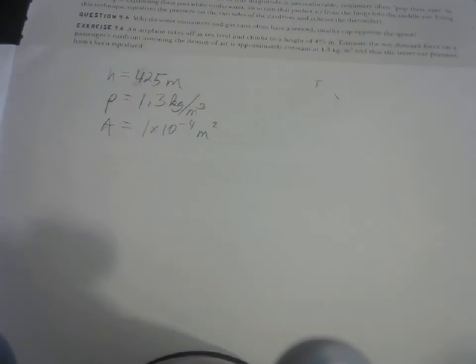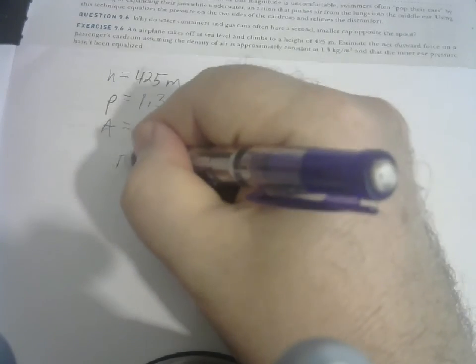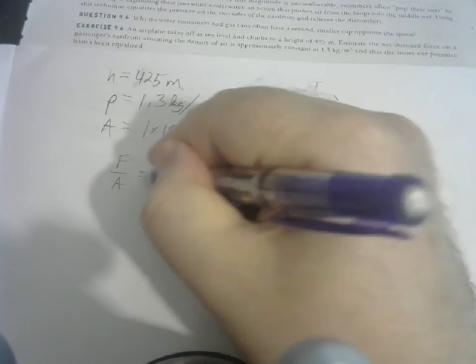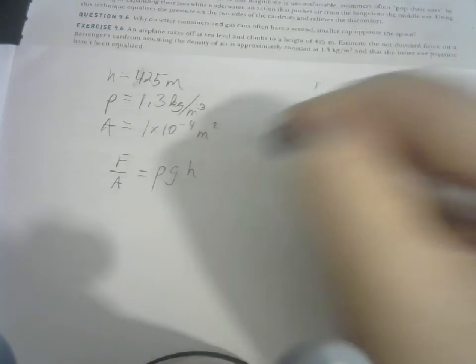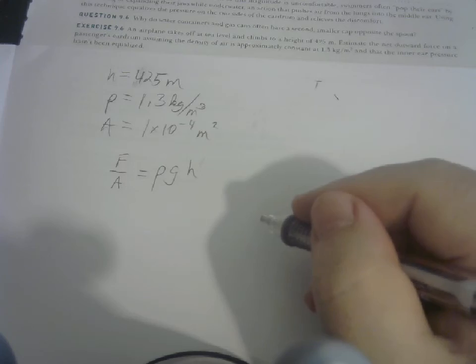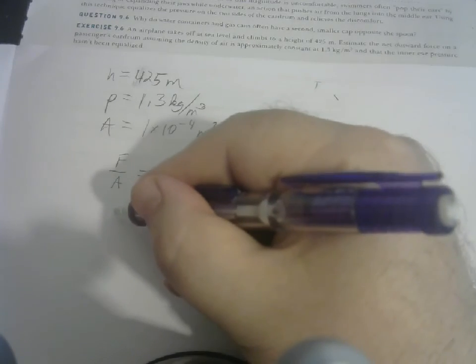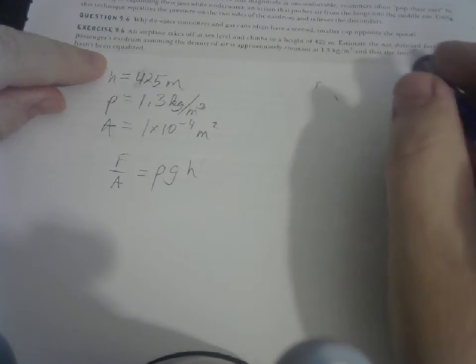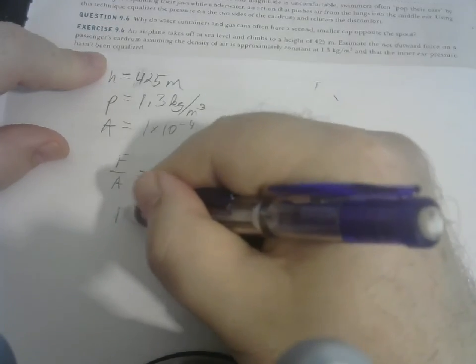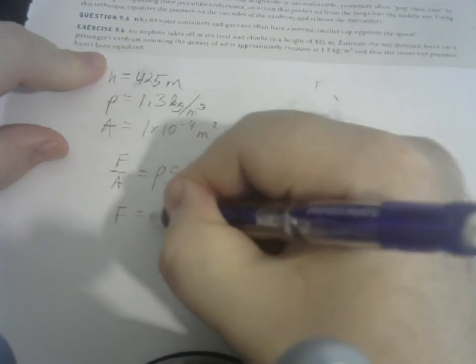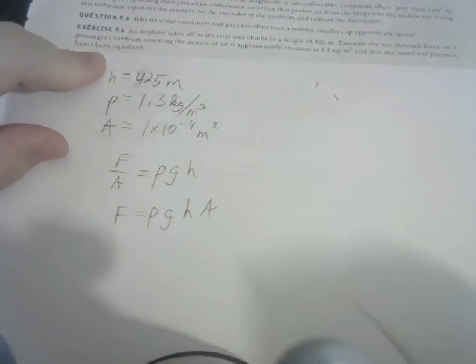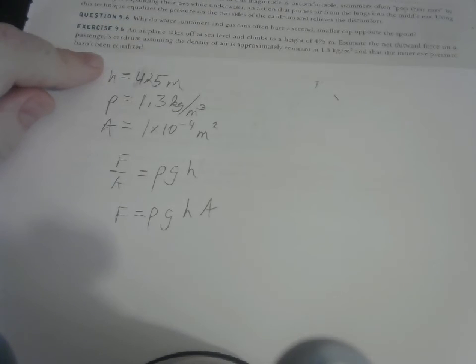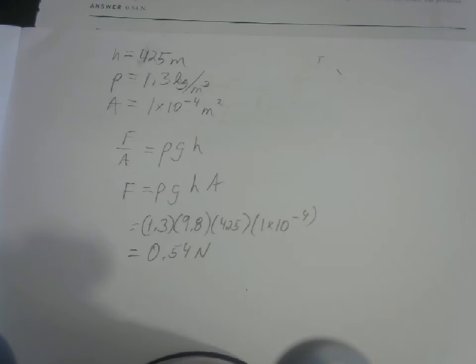Anyway, so now we have this, and once again, we are just doing force over area equals density times gravity times height. And so we want the net outward force, force equals rho g h A, which is 0.54 newtons.